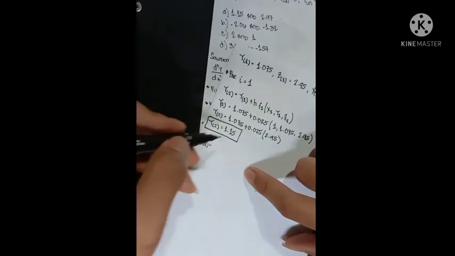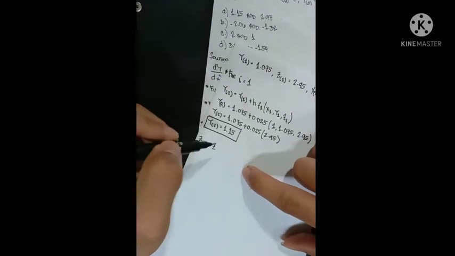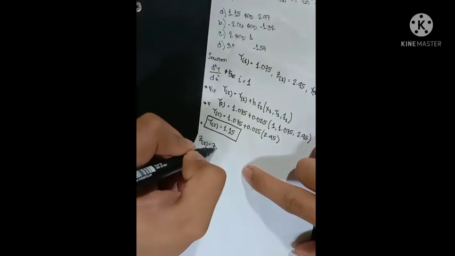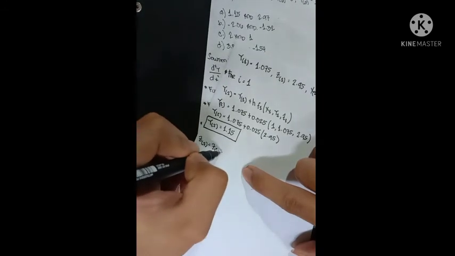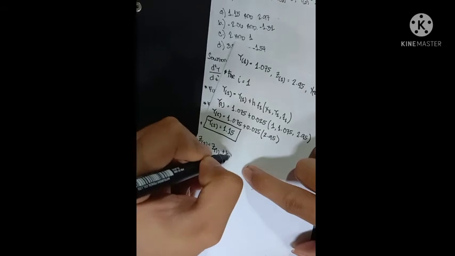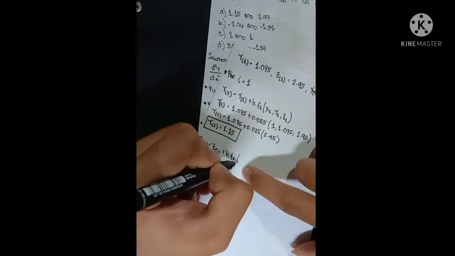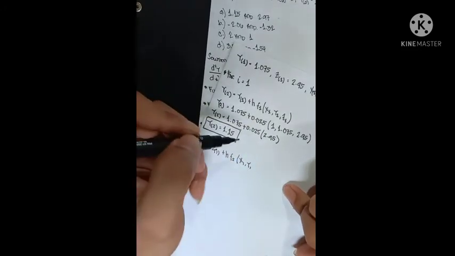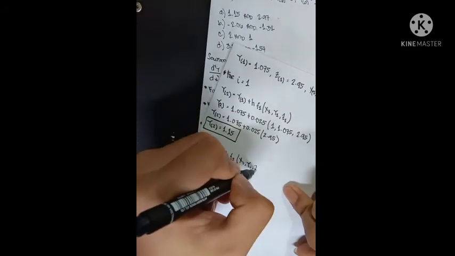Next is the value of our z sub 2. Our z2 is equal to z1 plus the step size times function 2 of x1, y1, and z1.